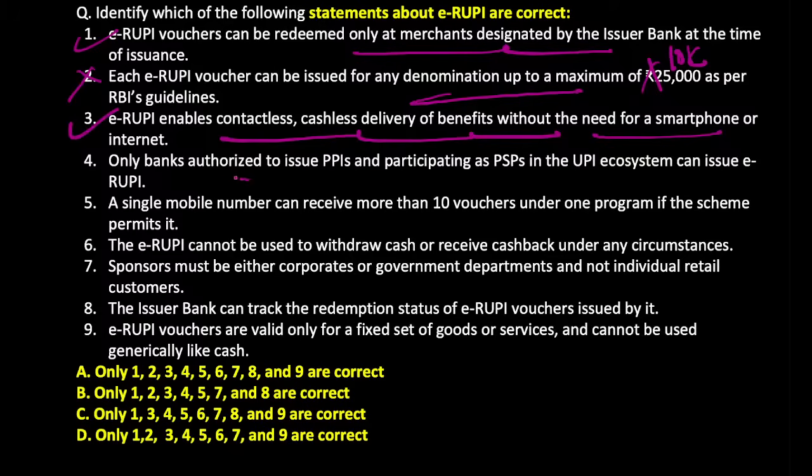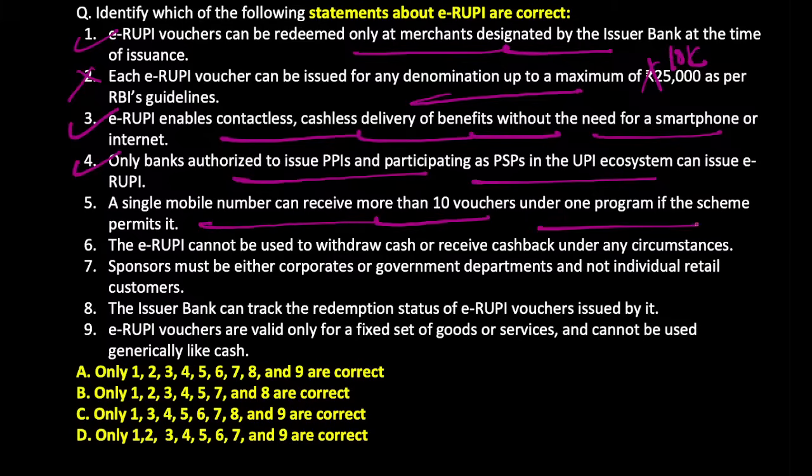Only a bank authorized to issue PPI participating as PSP in the UPI ecosystem can issue e-rupee. A single mobile number can receive more than 10 vouchers under one program if the scheme permits.